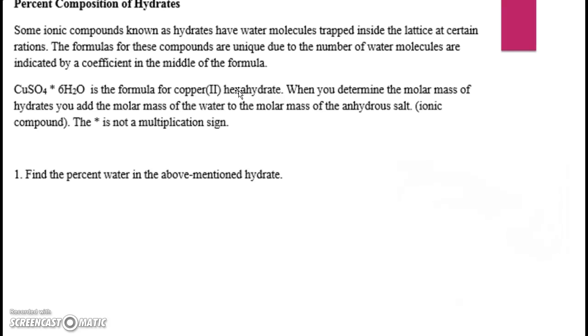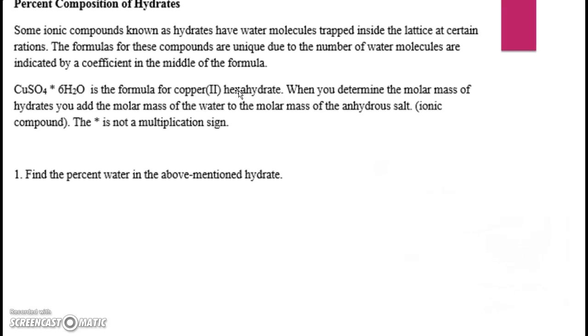So when we determine the molar mass of these hydrates, you need to take into account the fact that we have this water. So we have copper sulfate as the first part. The molar mass of copper is 63.55. We're going to add 1 sulfur, which is 32.06.